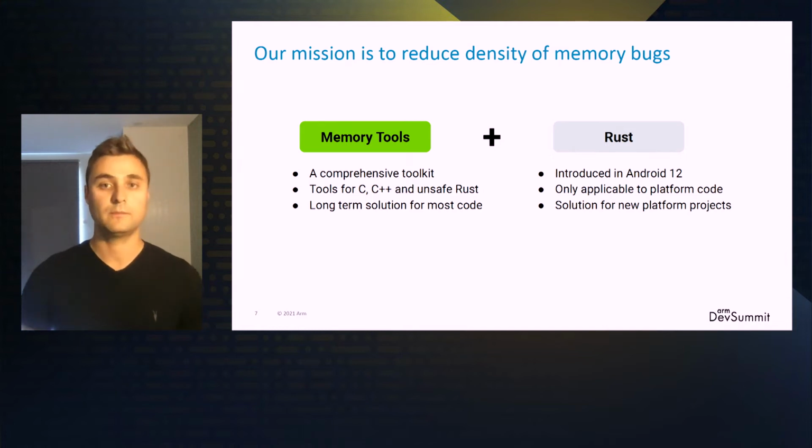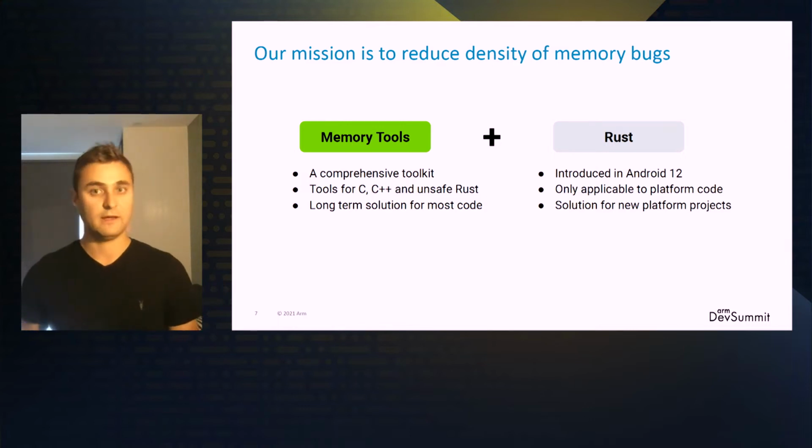Also, you might be aware that starting Android 12, we introduced a new platform language that is memory safe, and that being Rust. For now, this is applicable only to platform code, and we see this as a solution for new platform projects.